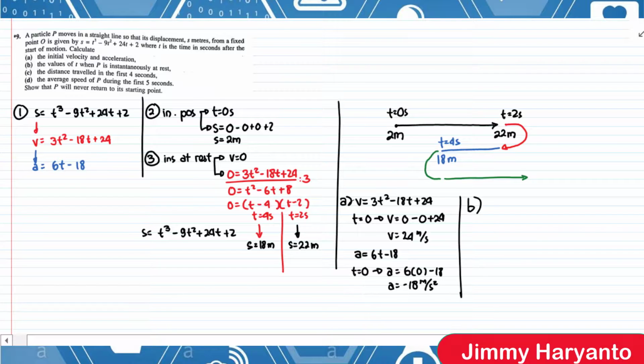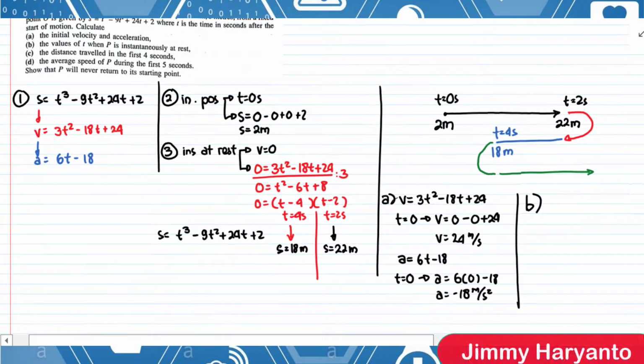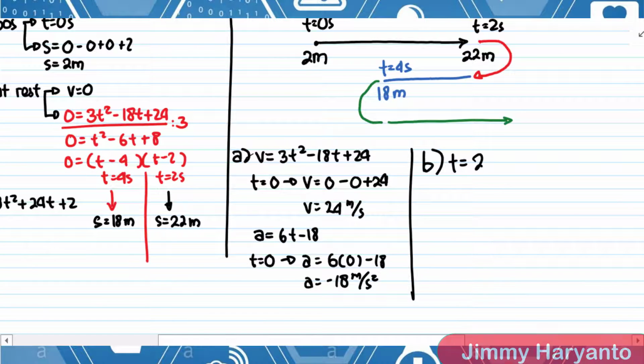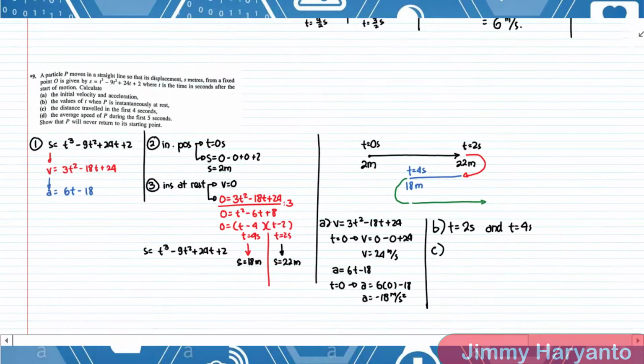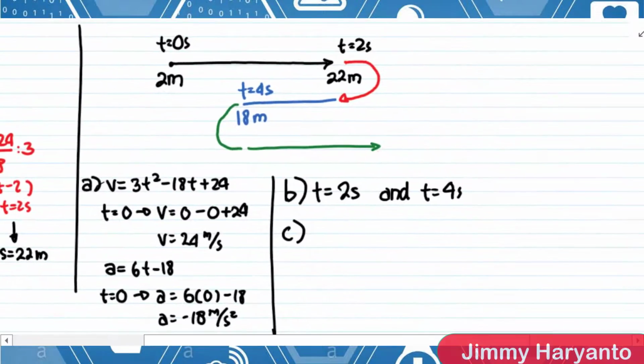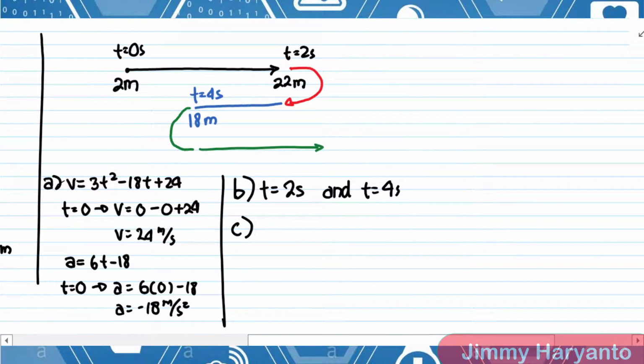Next is B. For the value of t when P is instantaneously at rest, we already have it: the time will be 2 seconds and also 4 seconds. Next is C, the distance traveled in the first 4 seconds. We have to follow the motion.